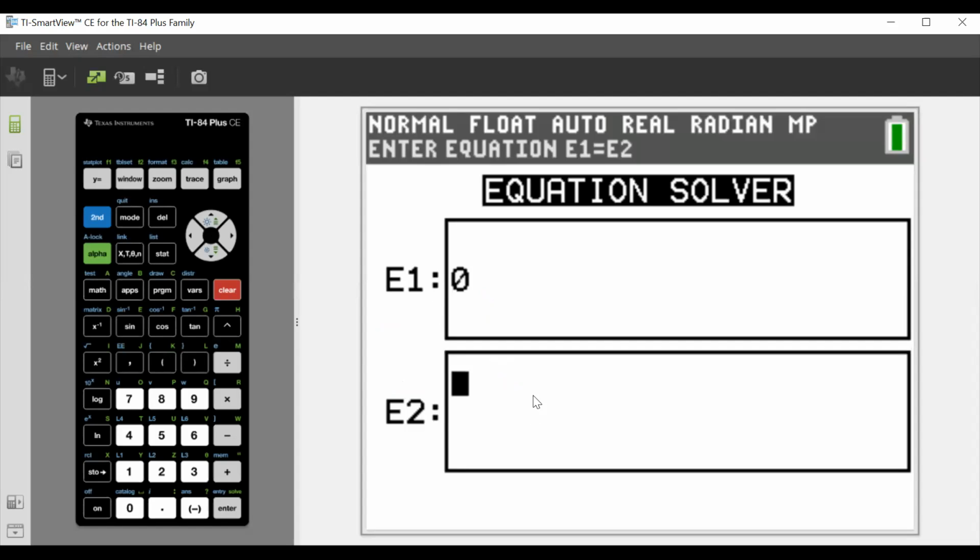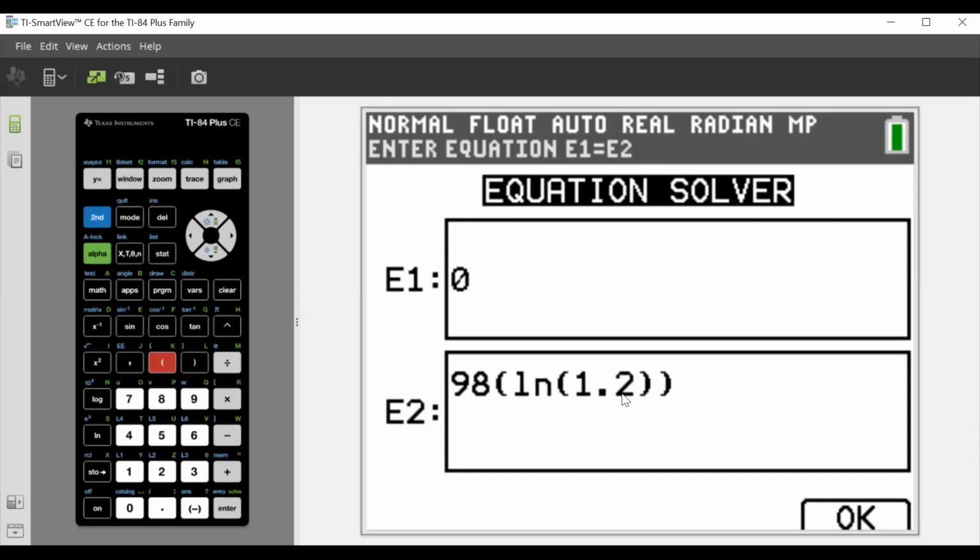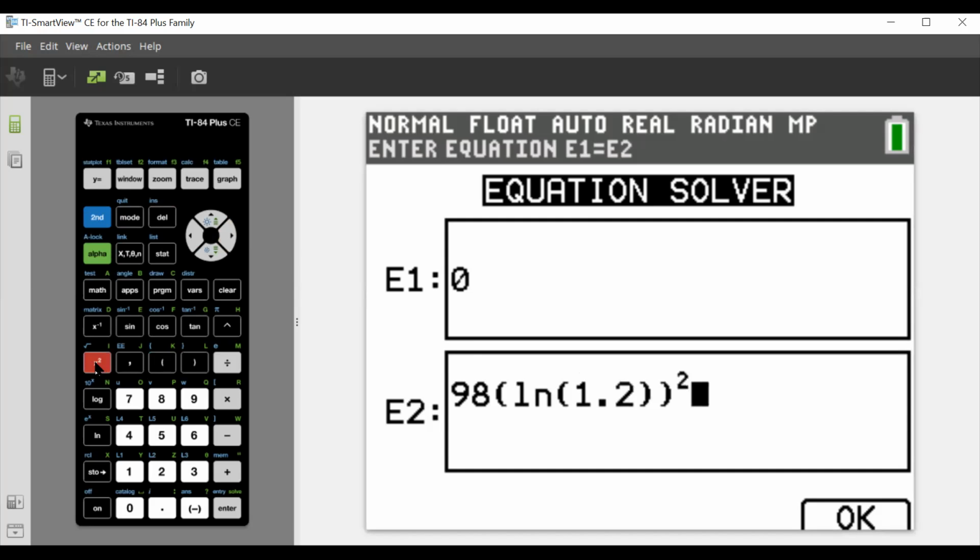Okay, so 98, and then we had the ln of 1.2. And let's put it actually in parentheses like this so I know I'm squaring that whole thing. Okay, so I want to square that whole thing. And that's squared. And then times 1.2 to the x. And oops, arrow down and then parenthesis.